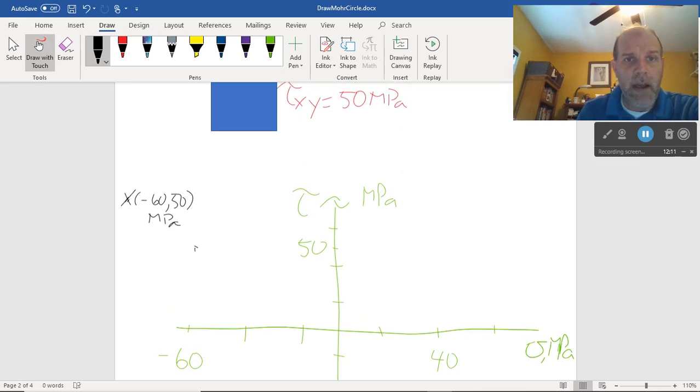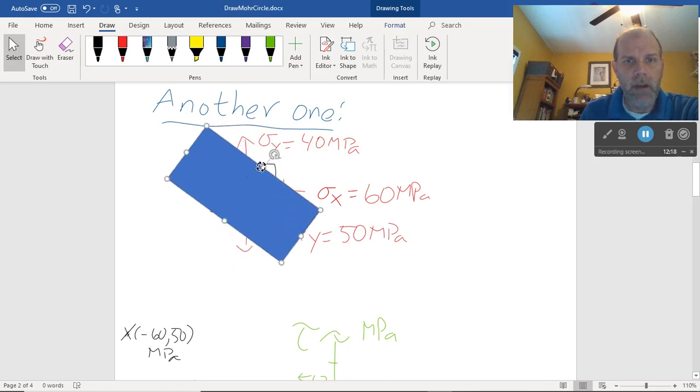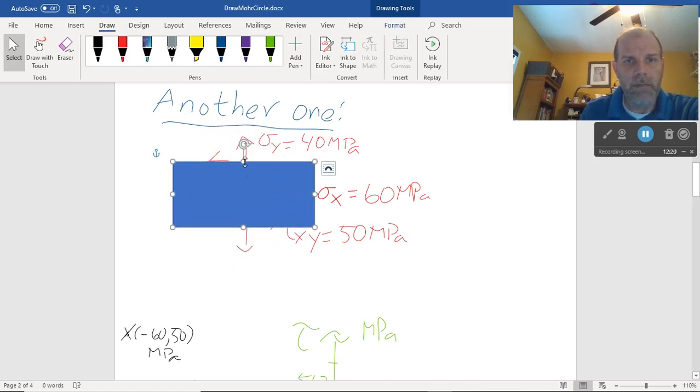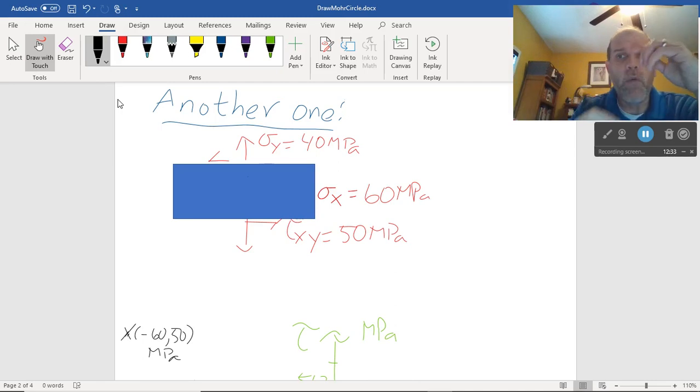MPa, and now my y point. I go back to this, my y point. Let me pull this thing up a little bit and pull this down. Now all I can see is the couple on the y faces, which is counterclockwise, right? And my tensile y stress.